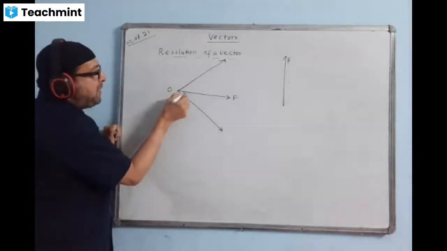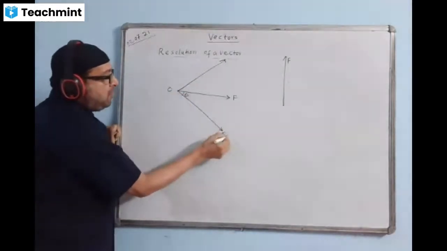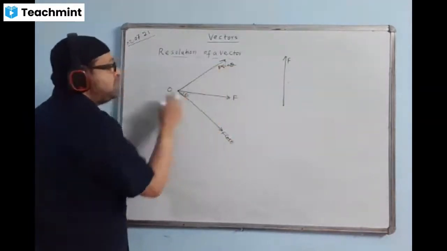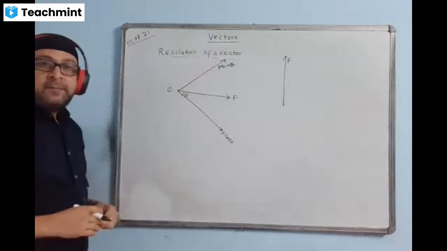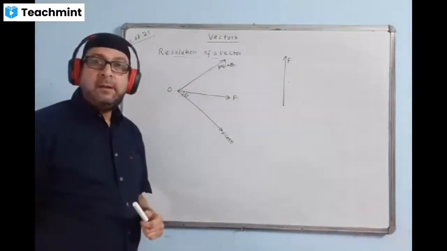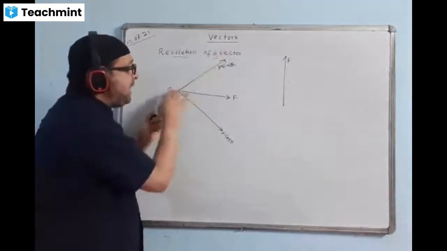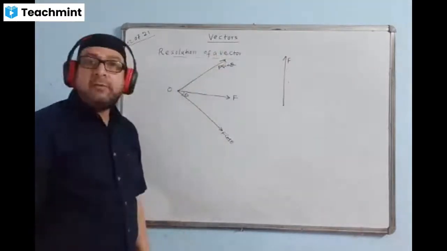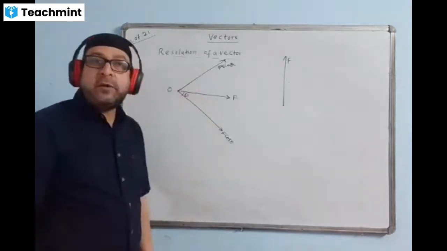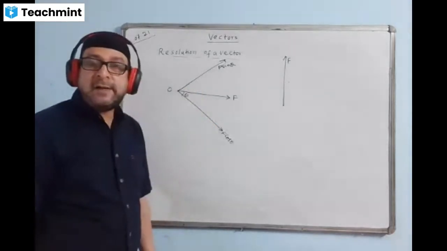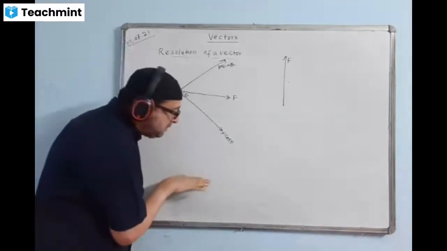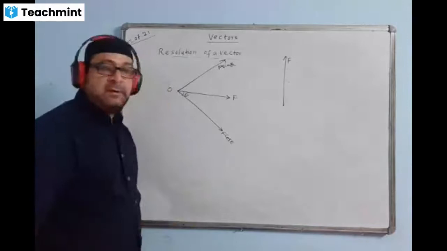Suppose here is the angle theta, this will come in cos form, F cos theta, and this in sin form, F sin theta. If we are forced to break, we can break. But these two components will not be along the coordinate axes. Normally we break in terms of the x-axis and the y-axis.